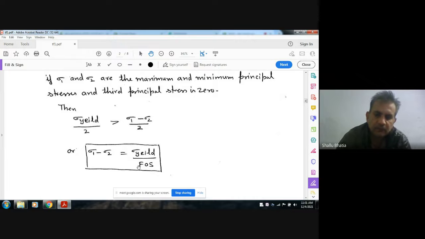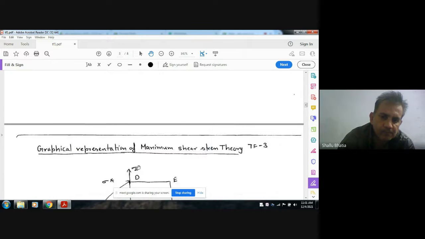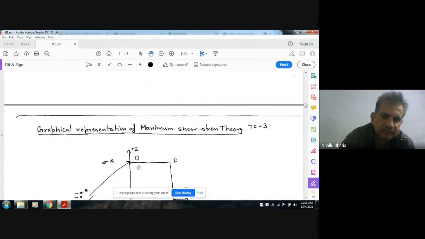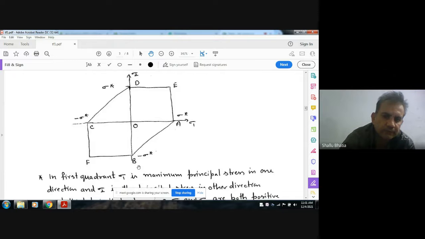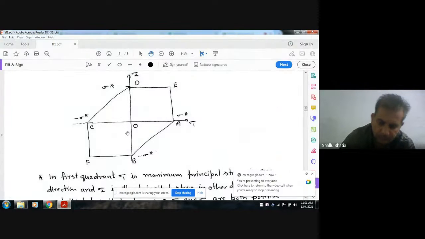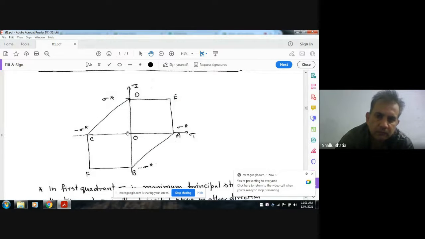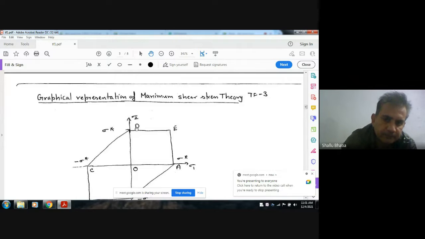Okay. Now the graphical representation of maximum shear stress theory. Take the first quadrant. Okay. This is the first quadrant. This is the y-axis.